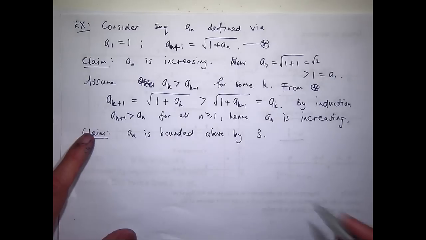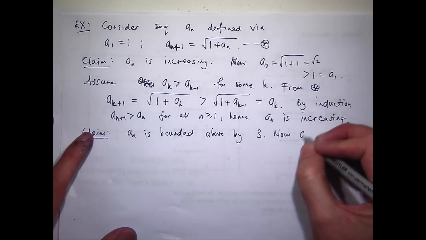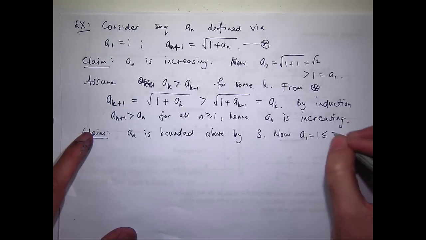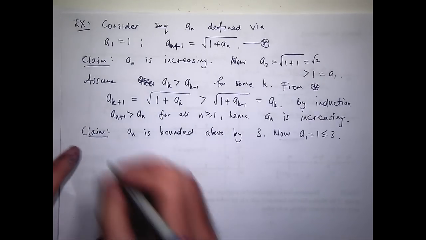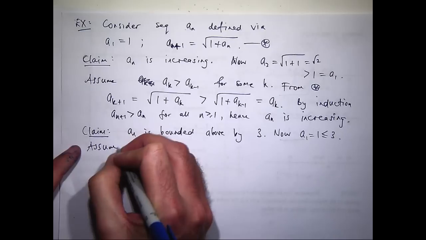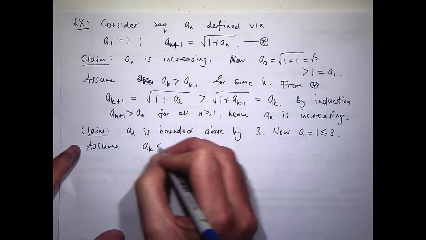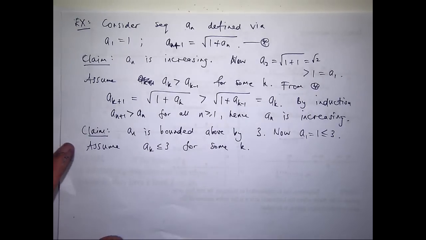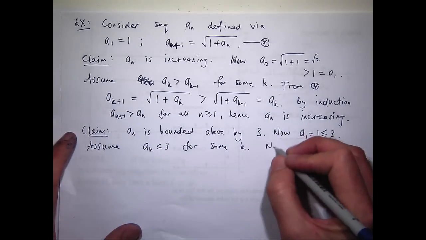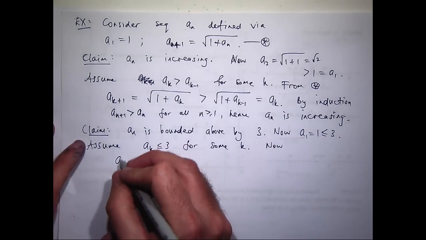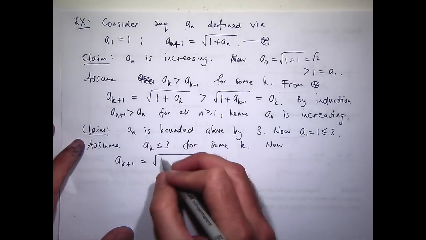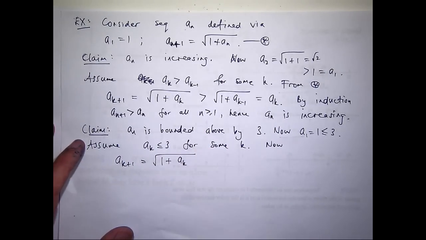Okay, so again, let's do it by induction. A sub 1 is 1. That's certainly less than or equal to 3, isn't it? Yes. So let's assume it's true for some k, strictly greater than 1. A sub k plus 1, well, by definition, it's just that with n replaced by k.